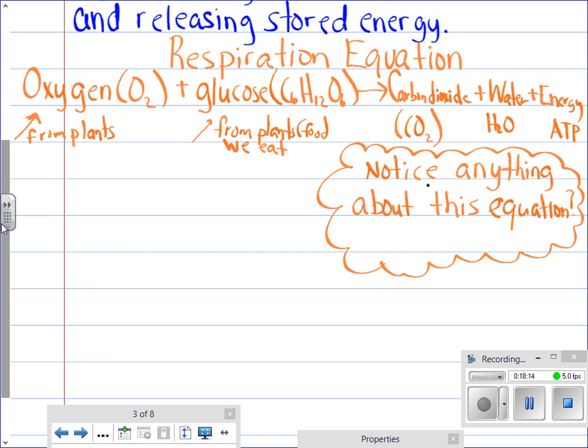It does include the same thing, but doesn't include it in the same order. So what is happening? Look at the two equations.